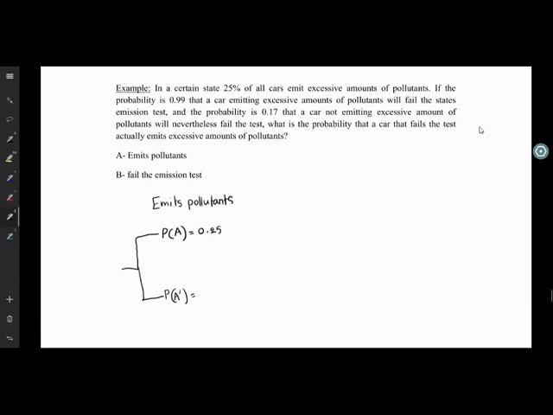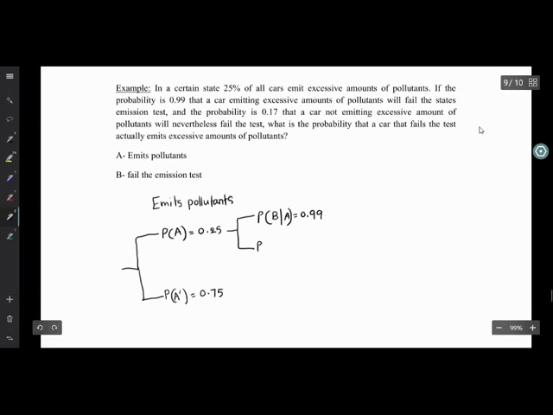Since you have 25% of cars emitting pollutants, the rest will be 1 minus 0.25, which is 0.75. If you add the probabilities in these two branches, they should add up to 1. Then we have the conditional probabilities. The probability is 0.99, or 99%, that a car emitting excessive amounts of pollutants will fail the state emission test. So we are here where the vehicle emits pollutants. If it emits pollutants, the probability that it will fail the test, so let's say the probability of B, failing the test, knowing that it is a pollutant, is 0.99.